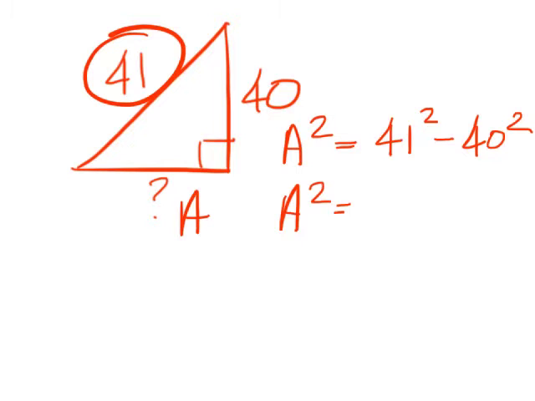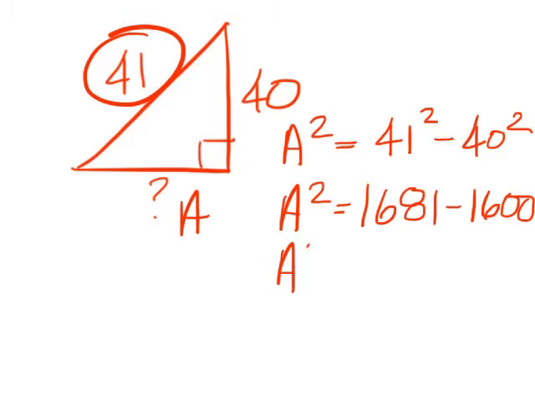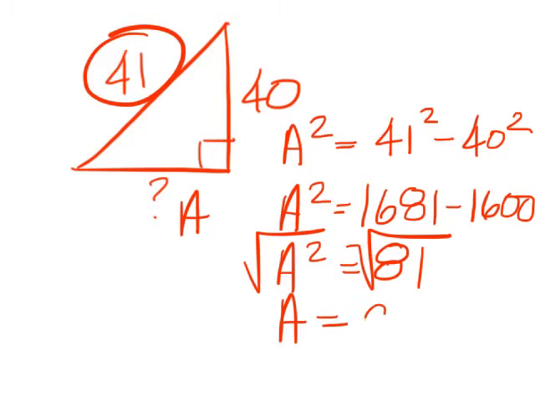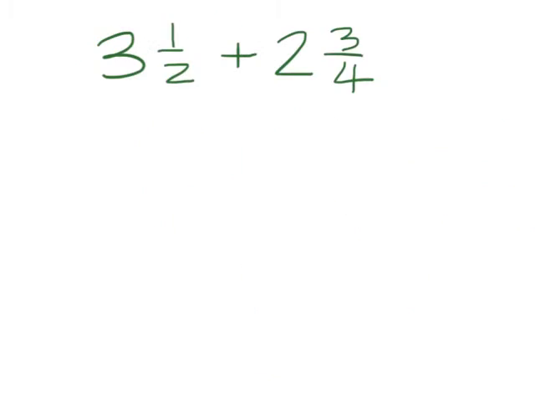And 41 squared should be 1681, and 40 squared is 1600. When you subtract the two, you have 81 left. Find the square root of both sides to get an answer of 9.